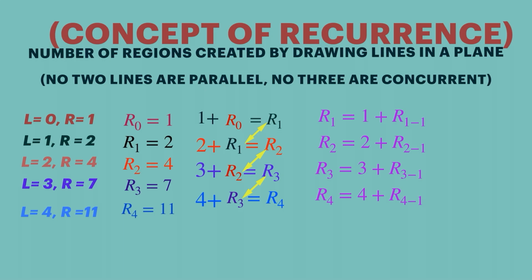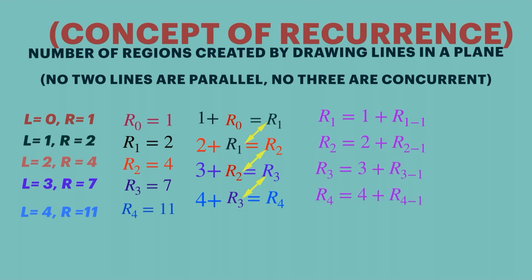So if there are more values of L and R, there are more such equations we may write, and for the nth term of R, what will we write?